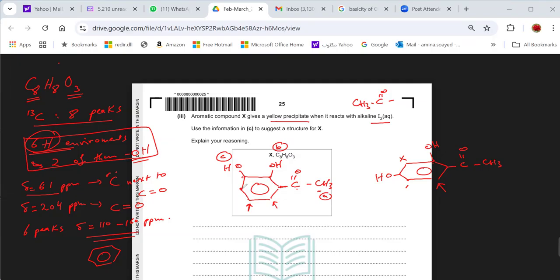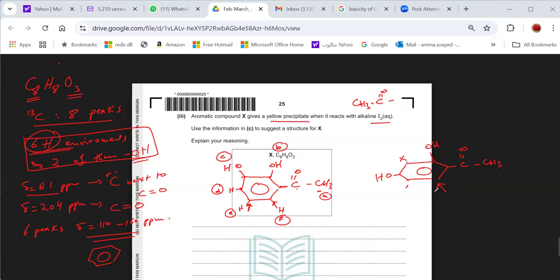Now for the protons here, we have 1, 2, 3. There is a proton here, a proton here, a proton here. So here we have C, 1, 2, 3, 4, 5, and 6 proton environments. Here also we have 1, 2, 3, 4, 5, 6.